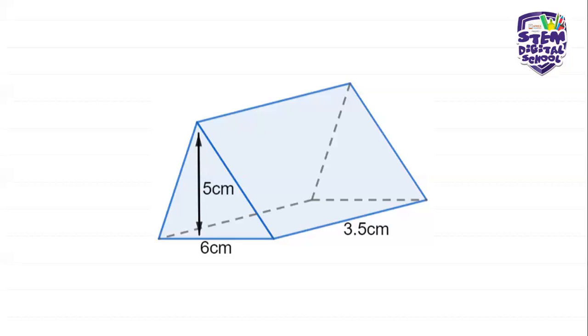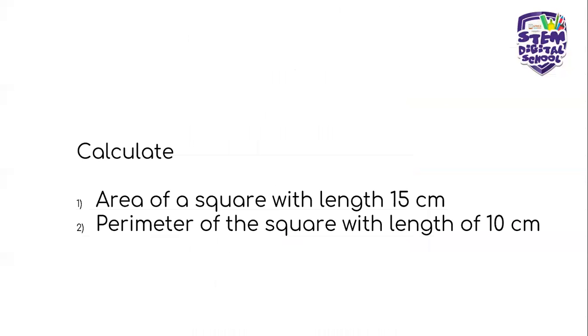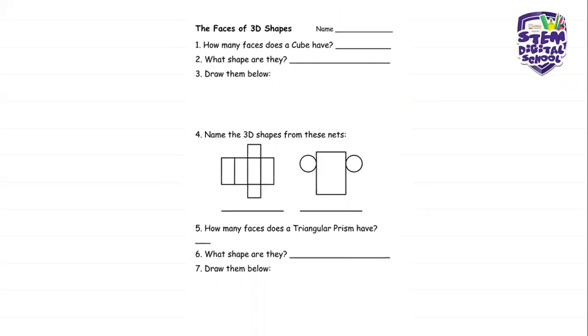And this is what we have. All right. And then perhaps the next question should be, what shape are they? Or what are the different shapes of the faces? And I've already given you the hint.